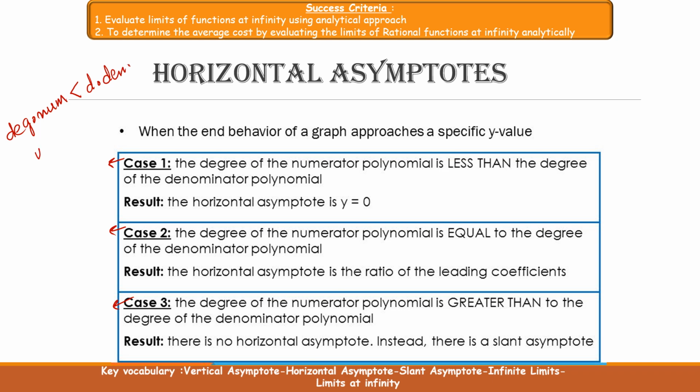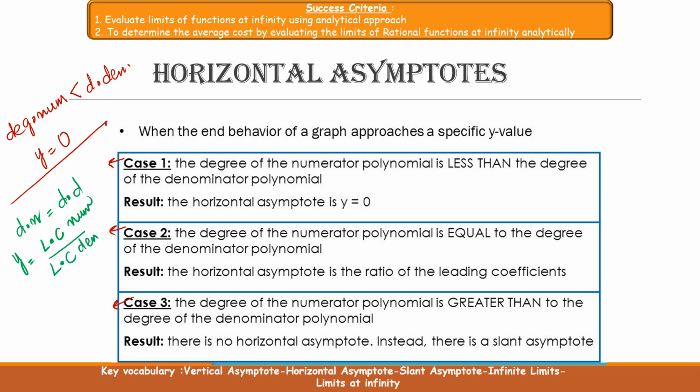The answer is y will be equal to 0. Case number 2, we have studied that if the degree of the numerator is equal to the degree of the denominator, then our horizontal asymptote will be the leading coefficient of the numerator divided by the leading coefficient of the denominator.